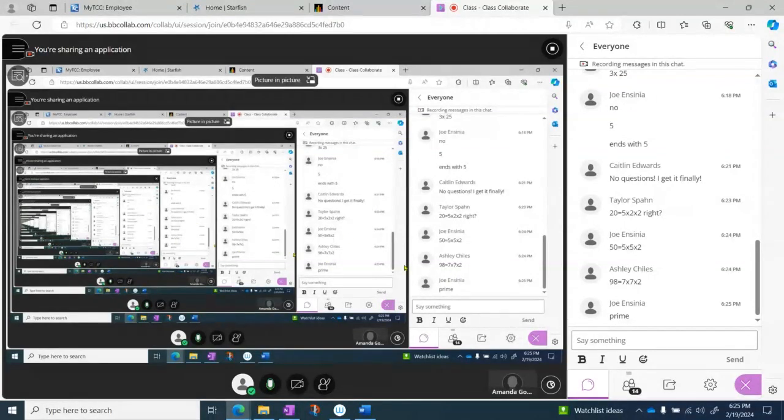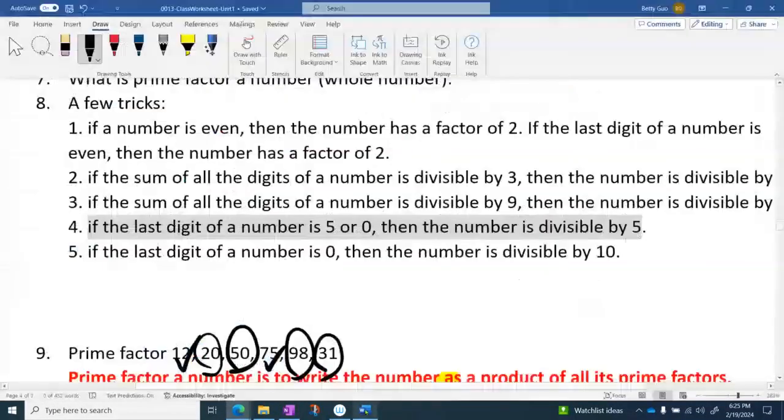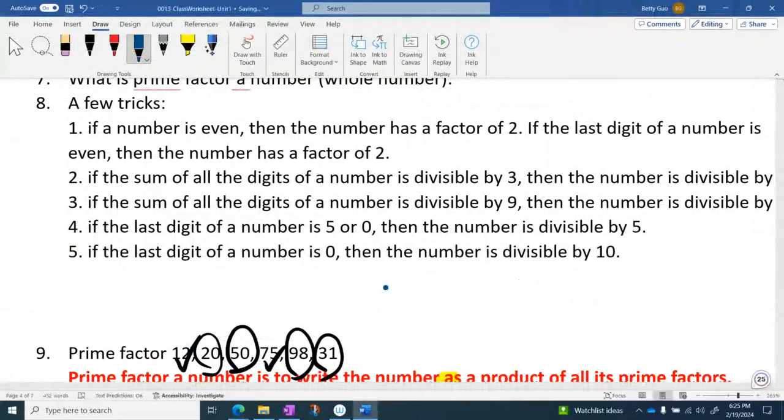We cannot prime factor the number, or it's meaningless to really prime factor 31. If we want to write, it's just 31 equals 31. Please do not write 31 times 1. That's not a prime factor because 1 is not a prime number. Okay, very good. You guys are great.